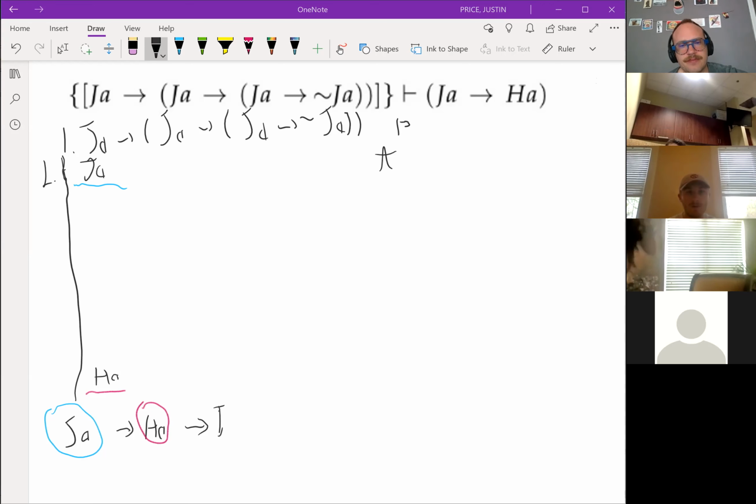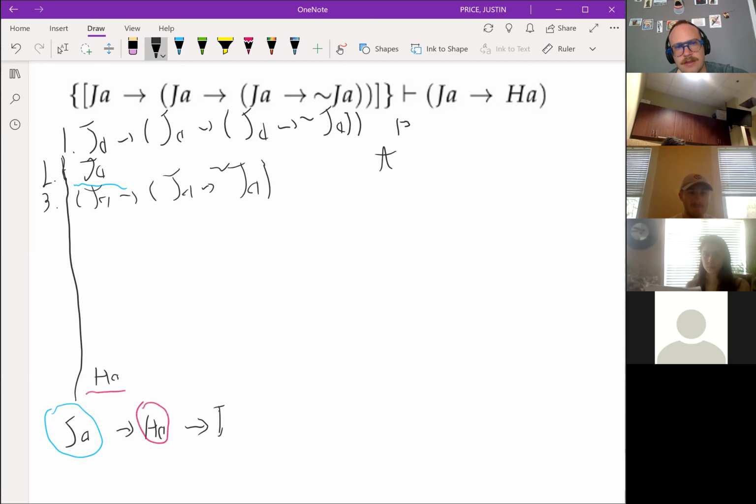So we can use our conditional elimination to get that line there.